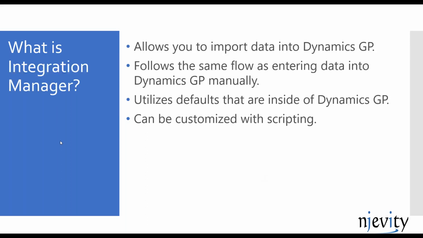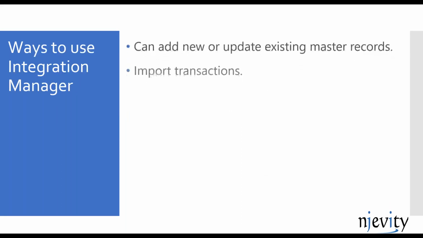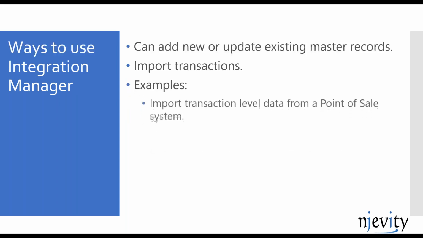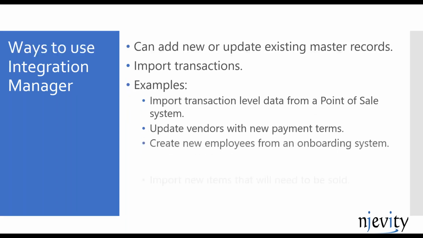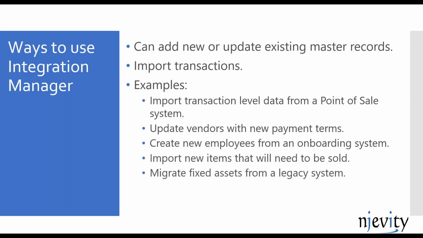So up next, we're going to talk about ways to use Integration Manager. So you can add new or update existing master records. So you can import new employees that have been entered through an onboarding system. You could also update all your vendors to have new payment terms if you wanted to.